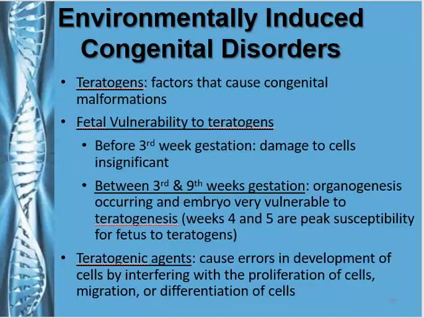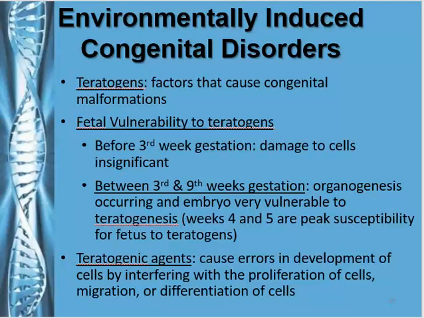So then there's things that are just environmentally induced. So these are teratogens, congenital malformations, and usually it comes from exposure early in gestation. The earlier it happens, the more severe.